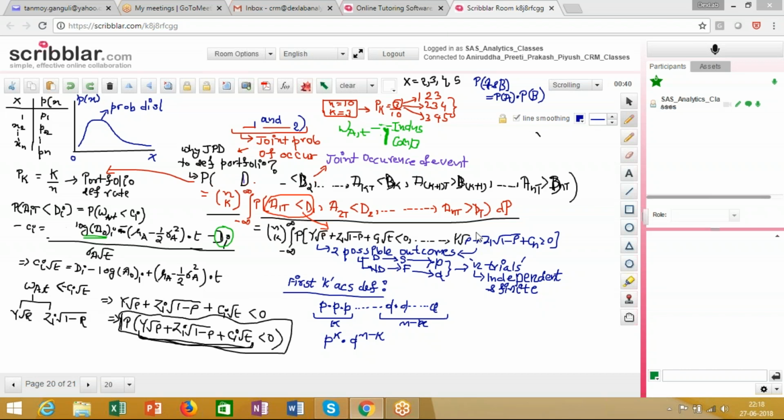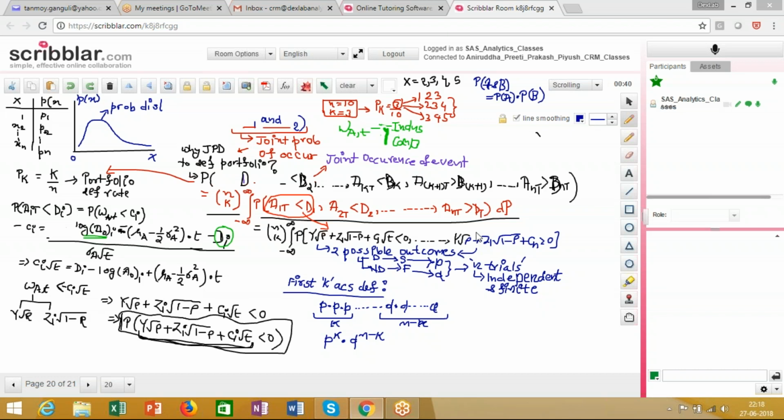Now, observe one thing: over here, the P to the power of k and Q to the power of n minus k, whatever I've done, I've taken an arbitrary pattern. But who has guaranteed that the first k number of borrowers should default and the remaining must not default?